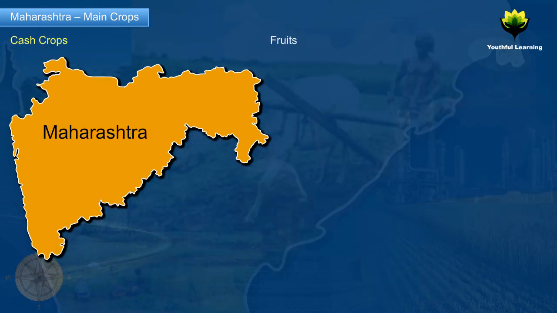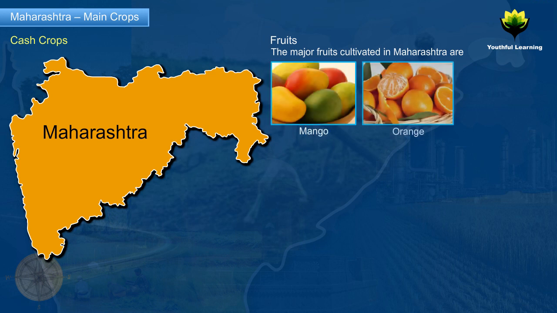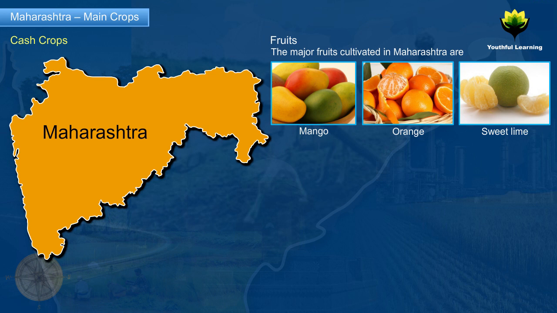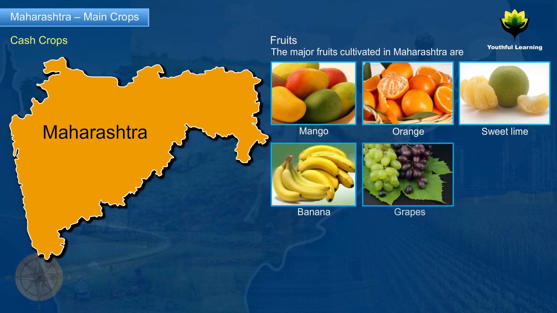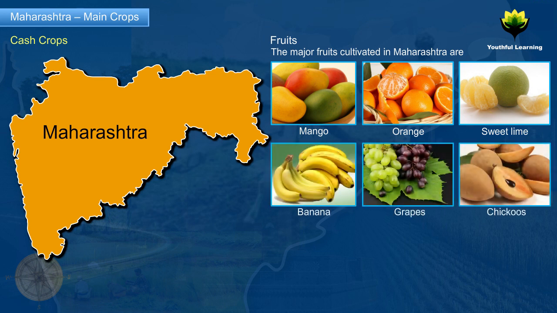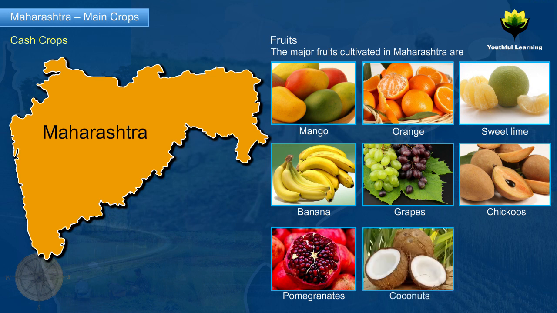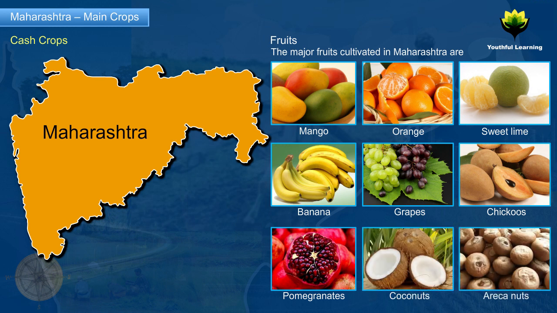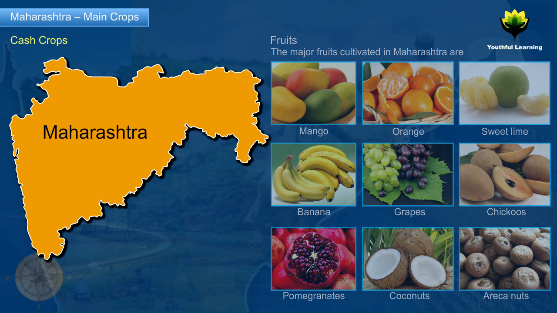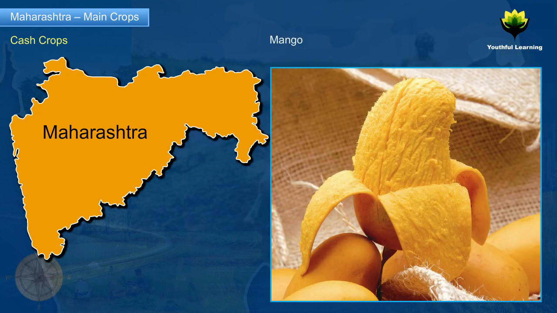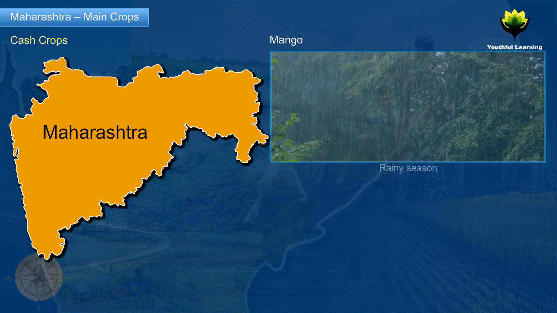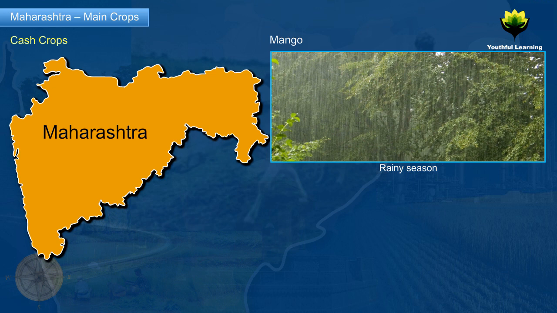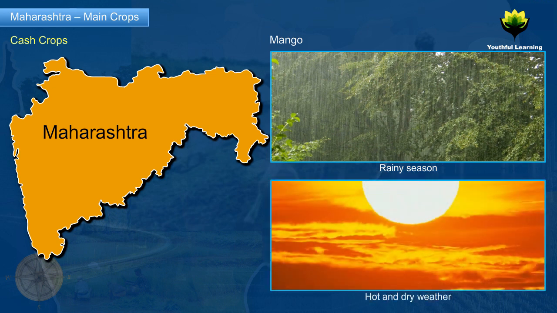Fruits. The major fruits cultivated in Maharashtra are mango, orange, sweet lime, banana, grapes, chikus, pomegranates, coconuts and areca nuts. Mango. Mango needs rainy season for a few months and hot and dry weather too.